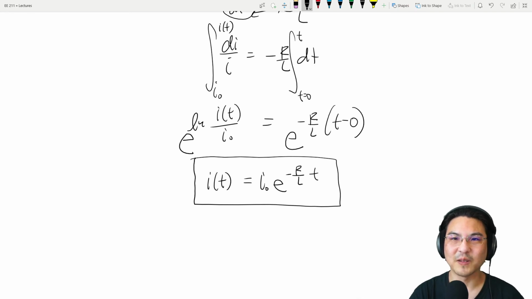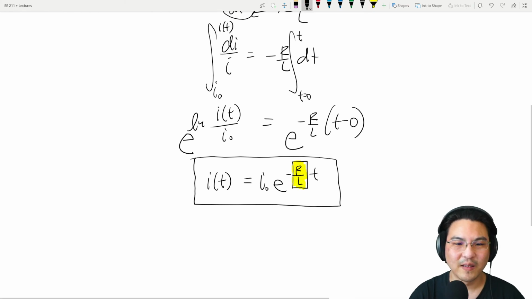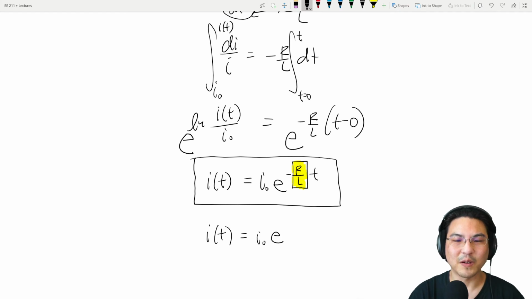Okay, one more little detail. Whatever value is sitting right here, if you take the reciprocal, we call that the time constant. So I'll replace that with the reciprocal of tau.